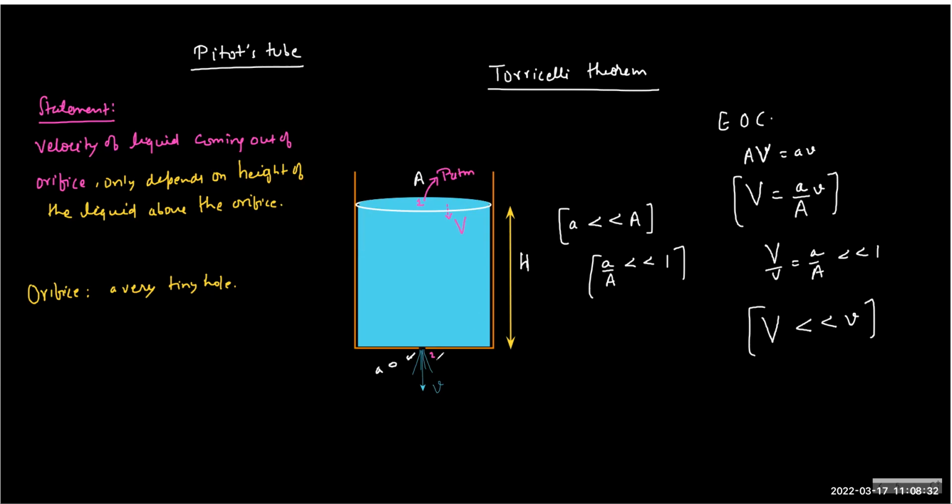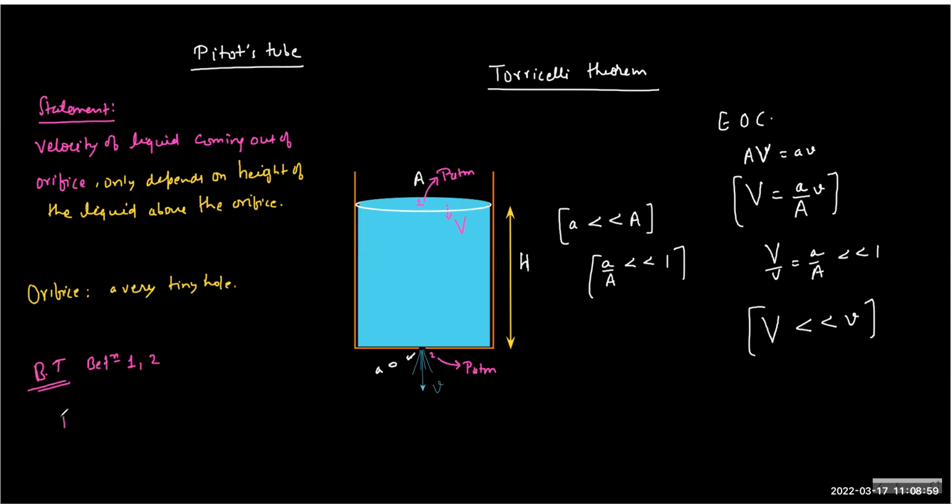And the pressure just outside the container, which is open to air, is also P atmospheric. So that's the beauty: the first term will be the same, and therefore it will get cancelled out. So how to write the Bernoulli theorem between 1 and 2? You can choose any two cross sections, not necessarily 1 and 2, but that's easy.